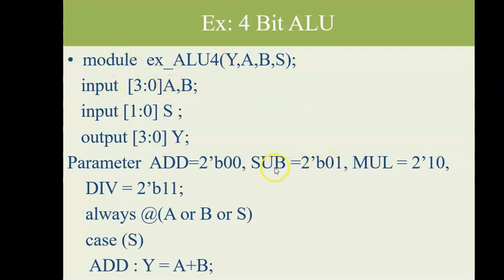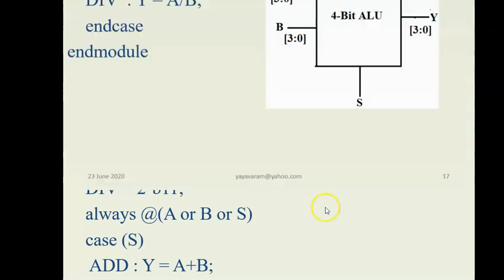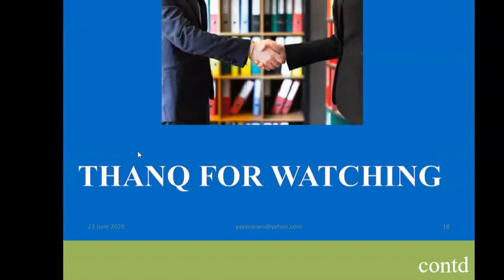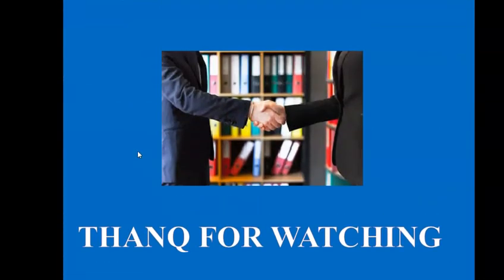When it is 01, perform subtraction. When it is 10, perform multiplication: mul, Y is equal to A star B. Division, Y is equal to A by B. Then endcase, endmodule.